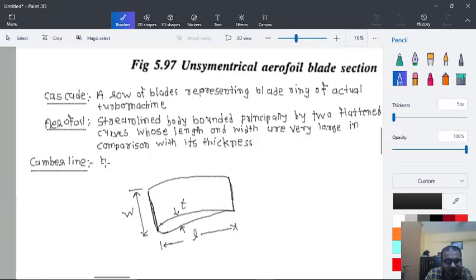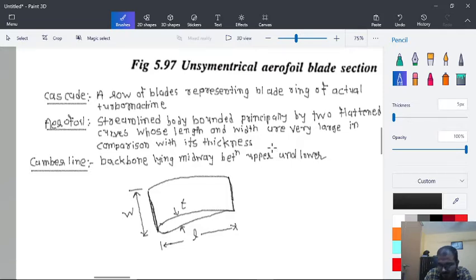It is a backbone lying midway between upper and lower surfaces of the plate.